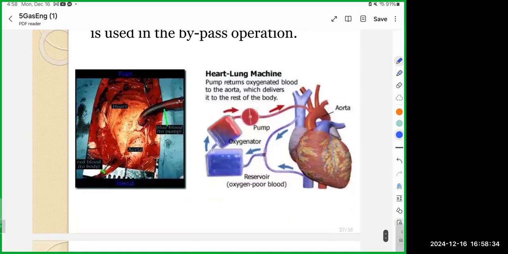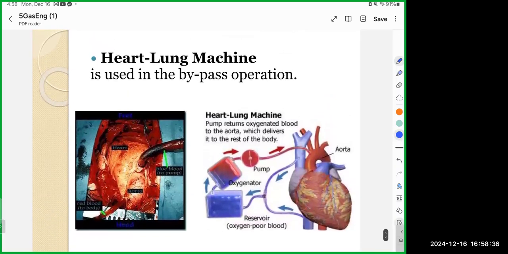Okay. And one application of gas and breathing is the heart-lung machine. So you can bypass the operation of breathing.